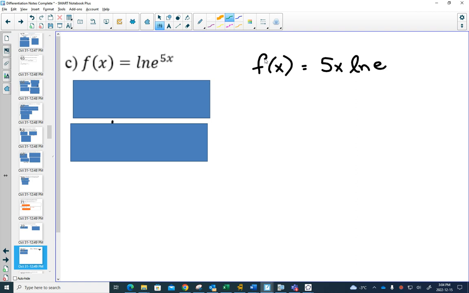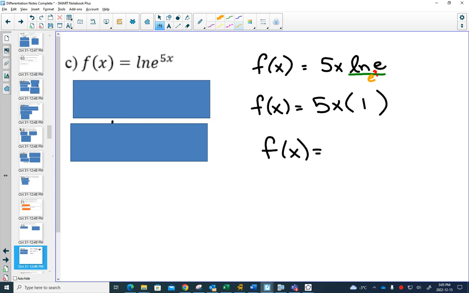What's natural log of e equal to? Remember, logarithms solve for exponents. What is the base of natural log? It's not written, but you imagine a little base here of e. If logarithms solve for exponents, what you're really thinking is e to what exponent equals e? 1. Natural log of e is 1.